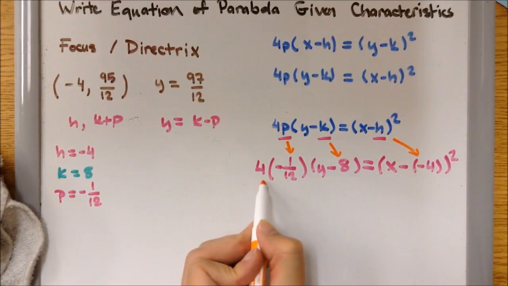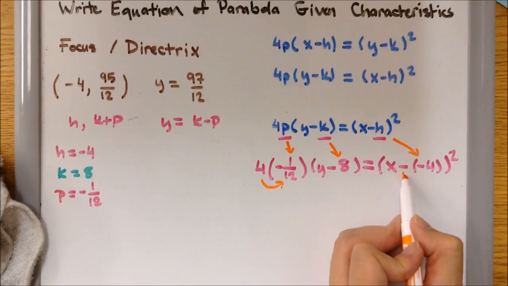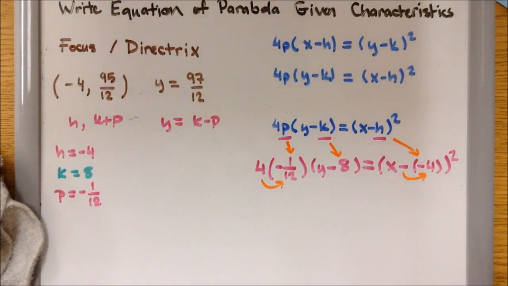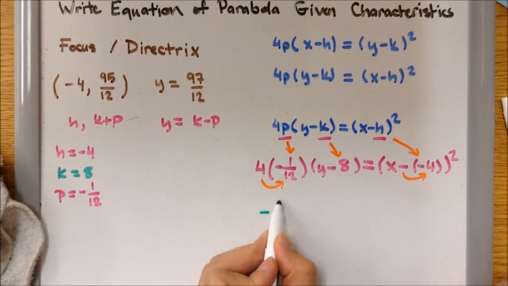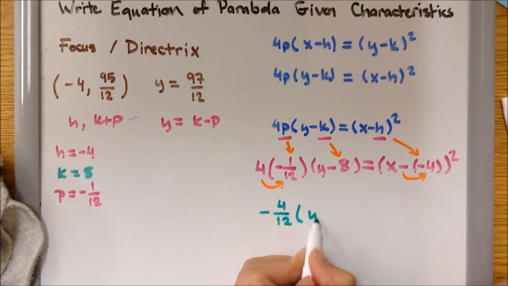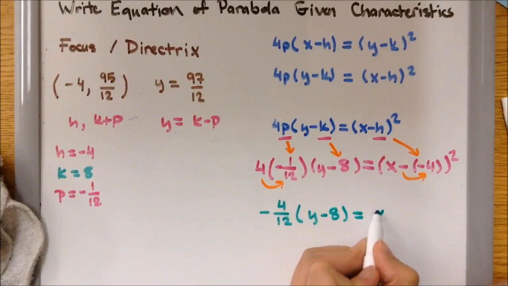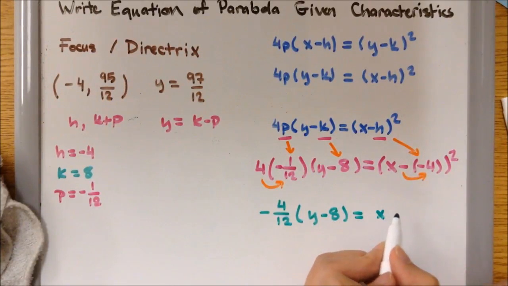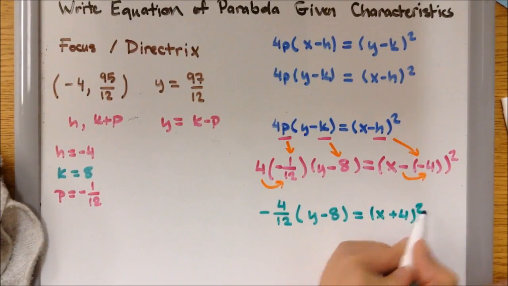I'm going to simplify 4 times negative 1 over 12, and I'm going to simplify minus negative 4. So 4 times negative 1 over 12 will be negative 4 over 12, parentheses y minus 8 equal to x minus negative 4 will be x plus 4 in parentheses with the square.